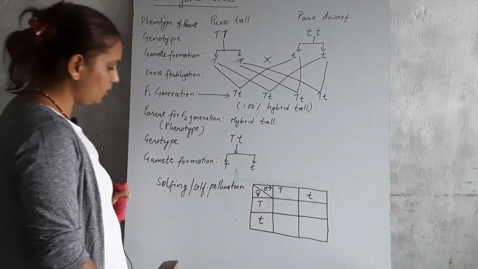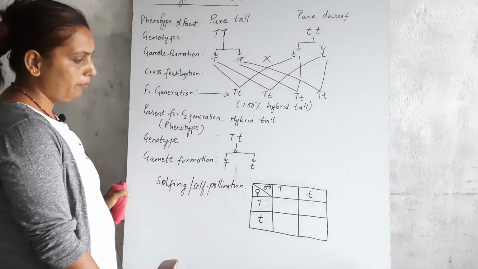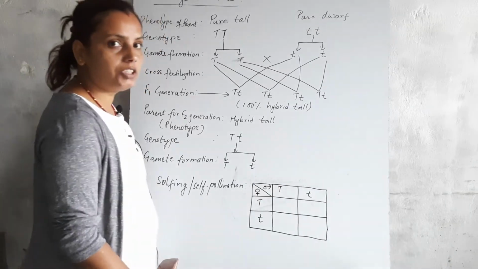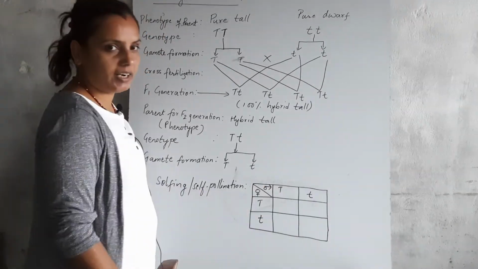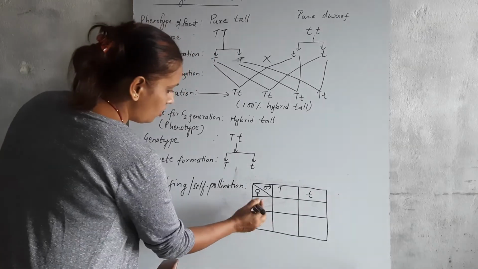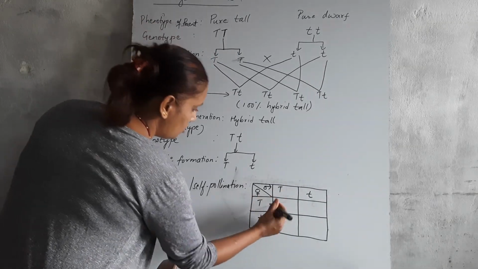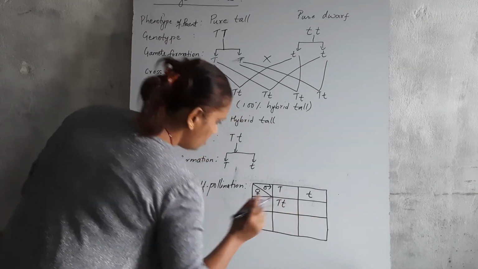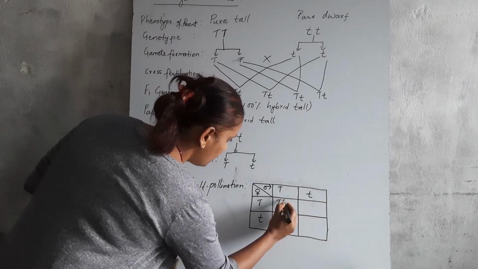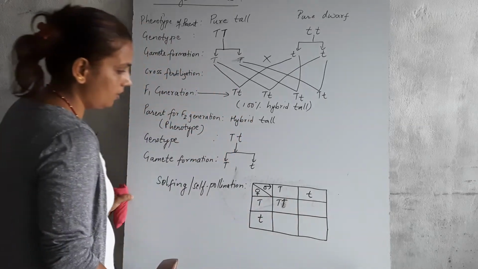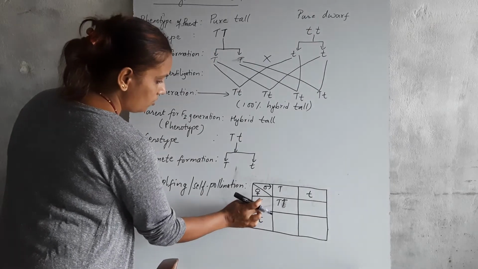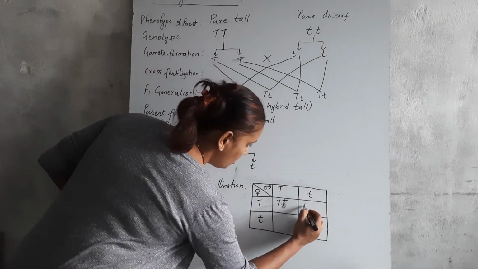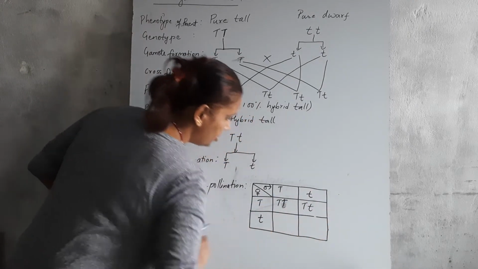Since we are performing self pollination, we make a cross between the two organisms having similar genes. Cross between this T and this T gives capital T, capital T. Cross between this T and this t gives capital T small t.